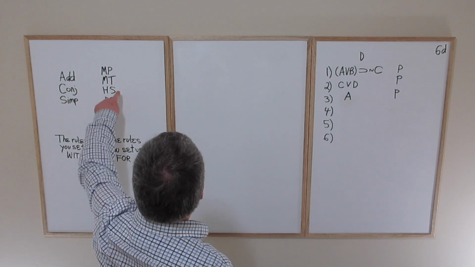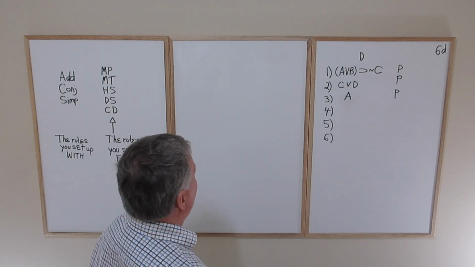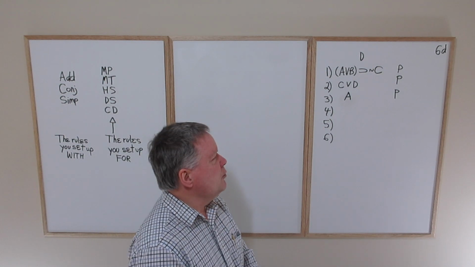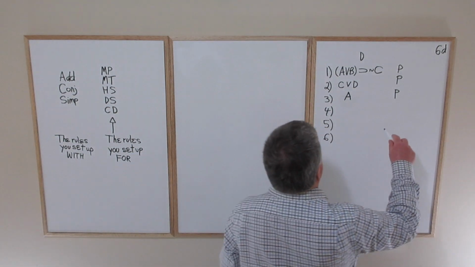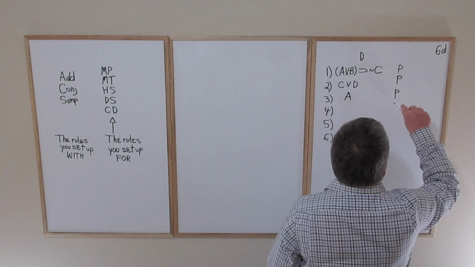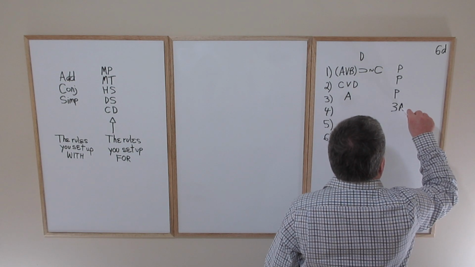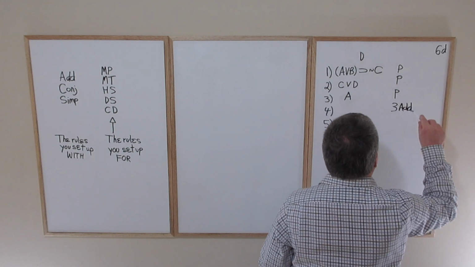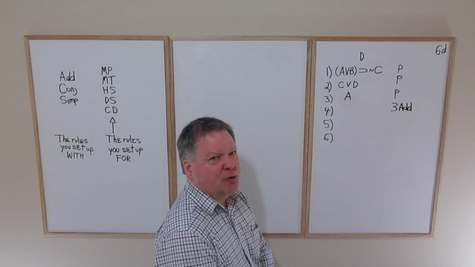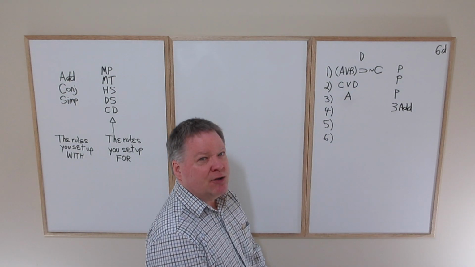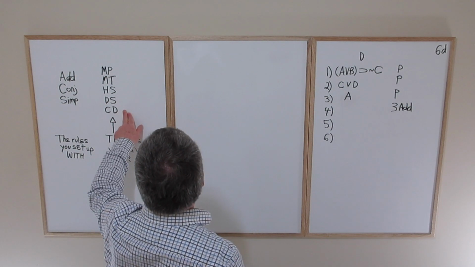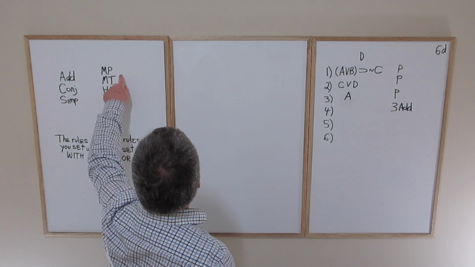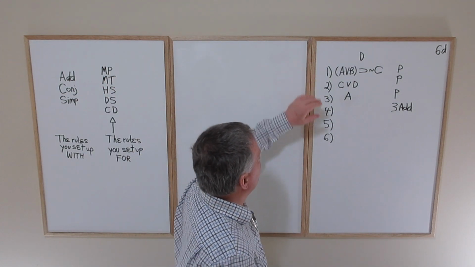The first thing to notice, we can't use any of the 5 rules you set up for. What this means is we're going to have to do a strategic addition step in order to set up for the employment of one of these 5 rules, namely the modus ponens rule.